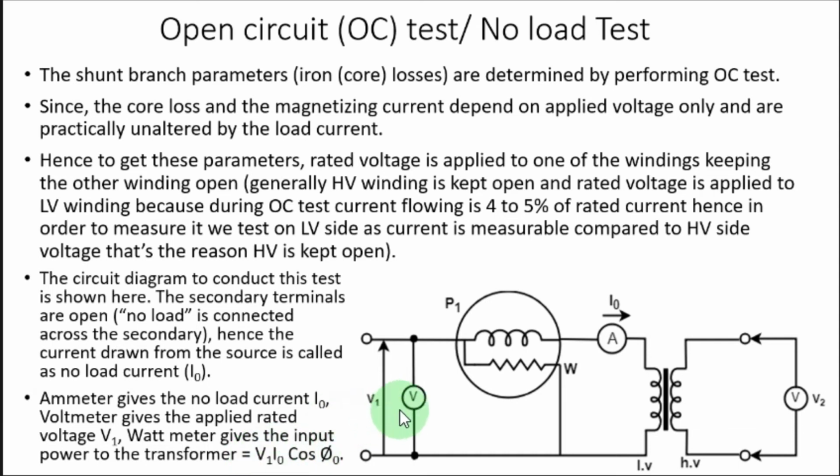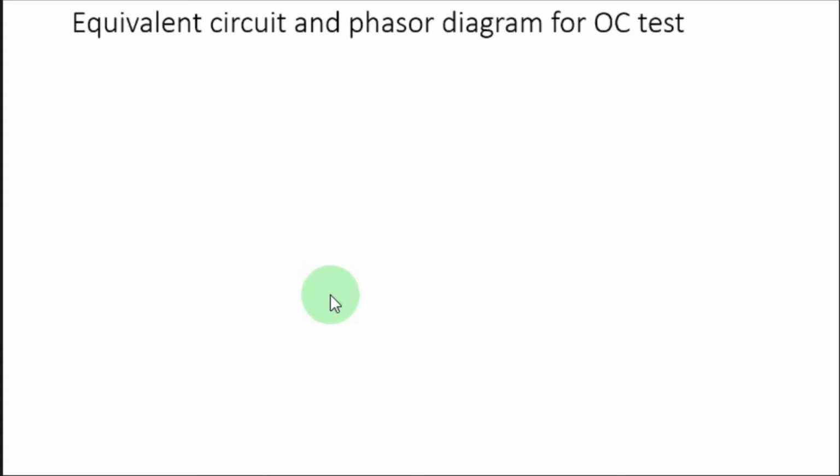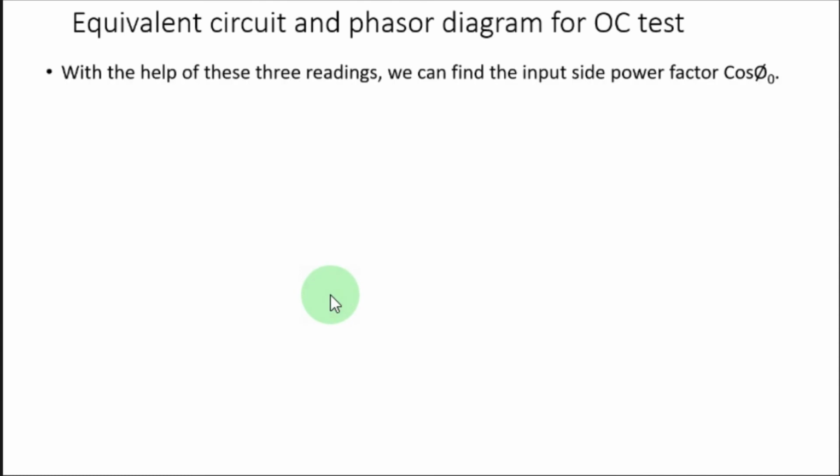So V is V1, I is I naught, and cos phi is the power factor, right? And V and I values are in RMS values. So with the help of these three readings, that is the voltmeter reading, wattmeter reading, and the ammeter reading, we can find the input side power factor cos phi naught, right?